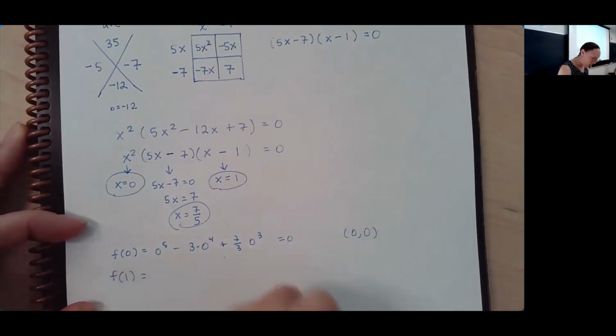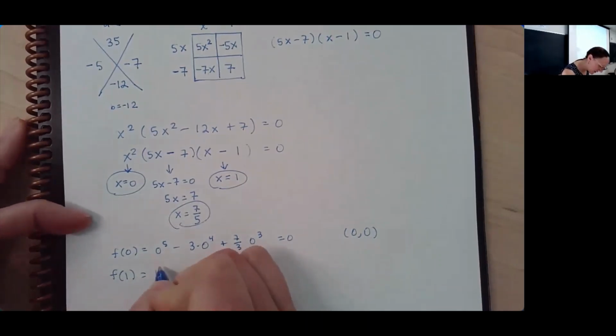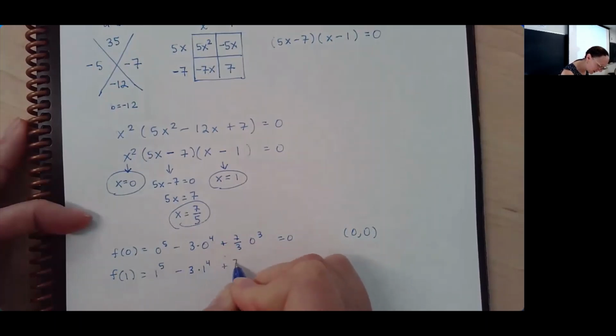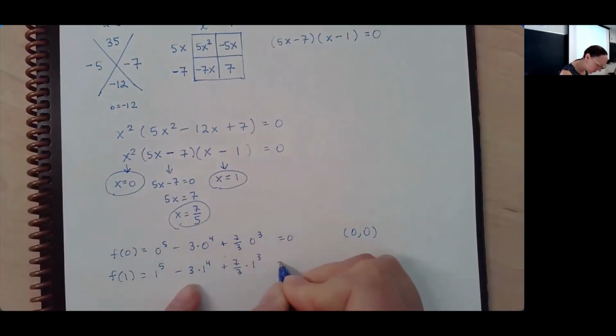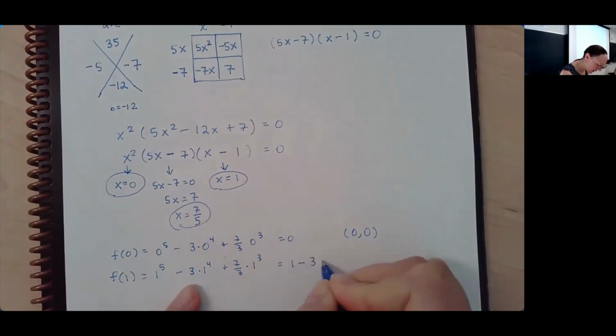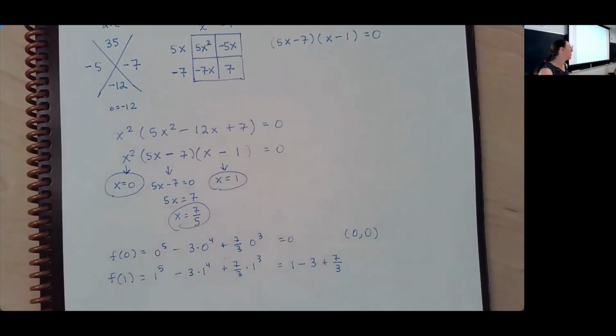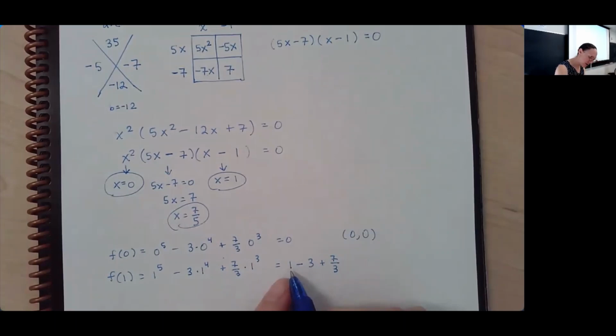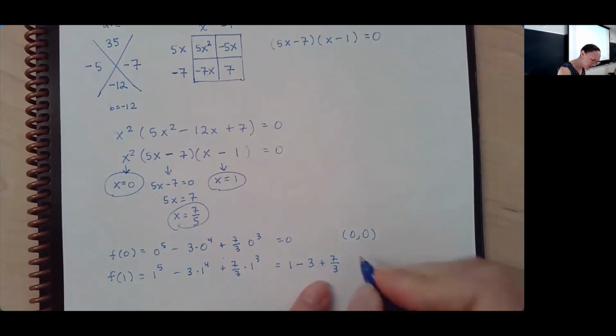F of 1, also not too bad. 1 to the 5th minus 3 times 1 to the 4th plus 7/3 of 1 cubed. So that's 1 minus 3 plus 7/3. If I wanted to combine that, I'm going to need a common denominator, but first I'll do the 1 minus 3 and get -2.